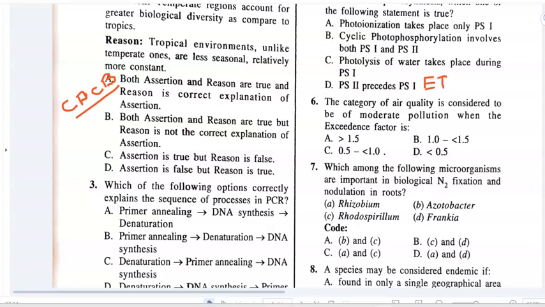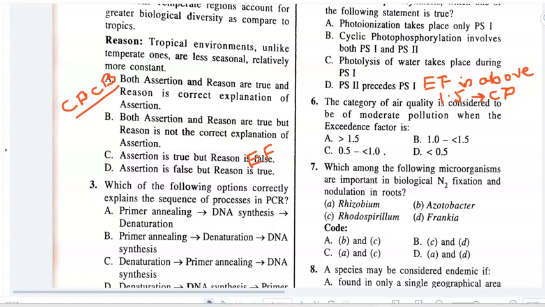If the exceedance factor is above 1.5, it is critically polluted, CP.